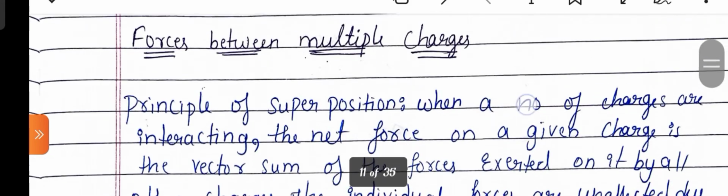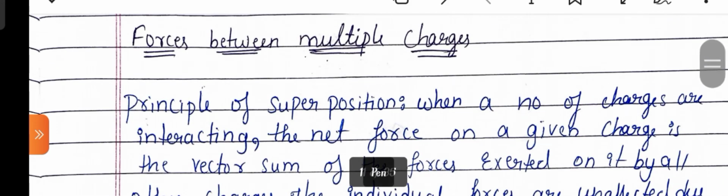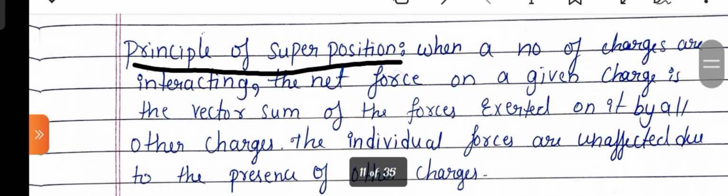It is attraction. Okay, so now is the force between multiple charges. So the principle of superposition. When a number of charges are interacting, the net force on a given charge is the vector sum of the forces exerted on it by all other charges. The individual forces are unaffected due to the presence of other charges.